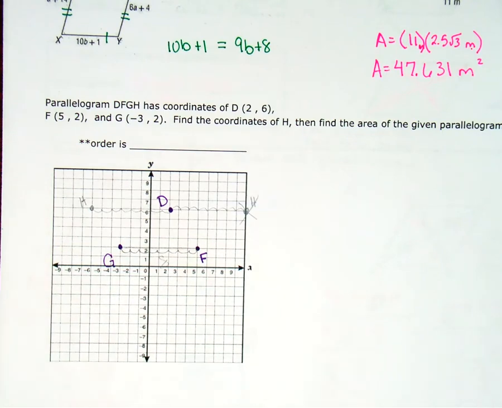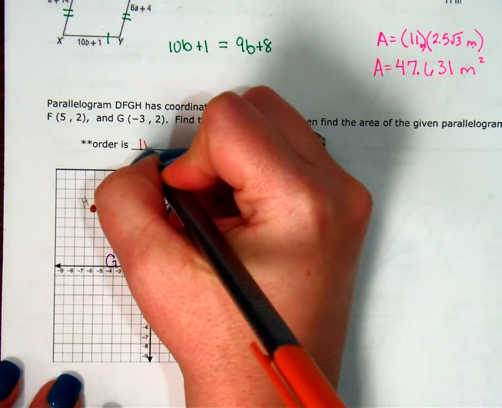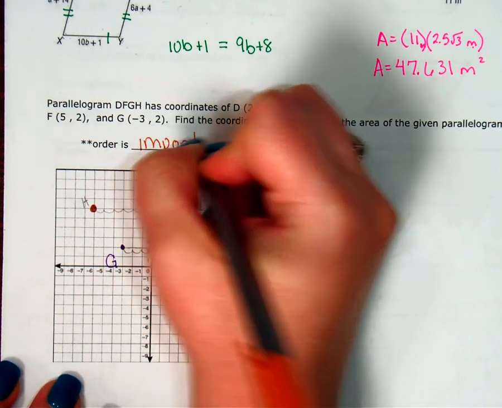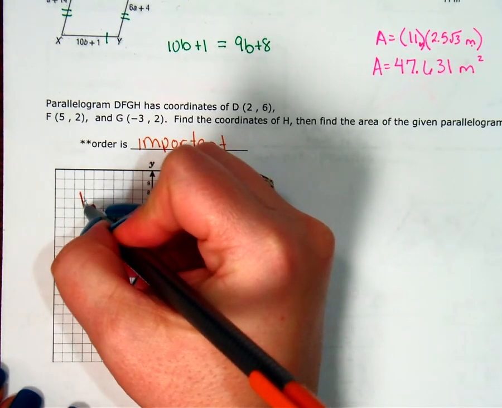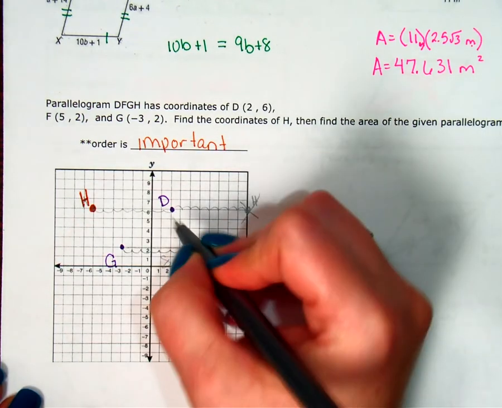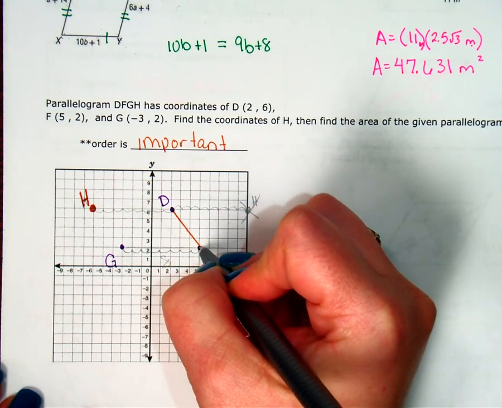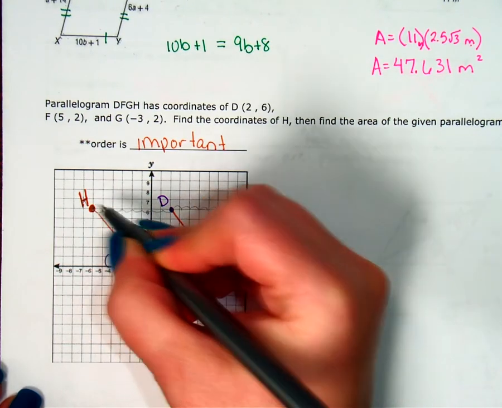The missing point has to be over here, and the reason is that order is important. You have to have your order correct. So this one I can call H, and this one over here I cannot. That way I have D, F, G, H.